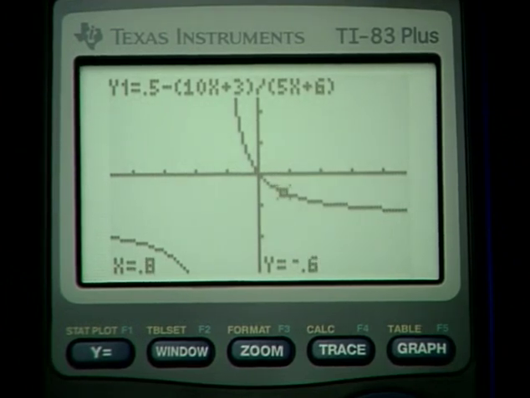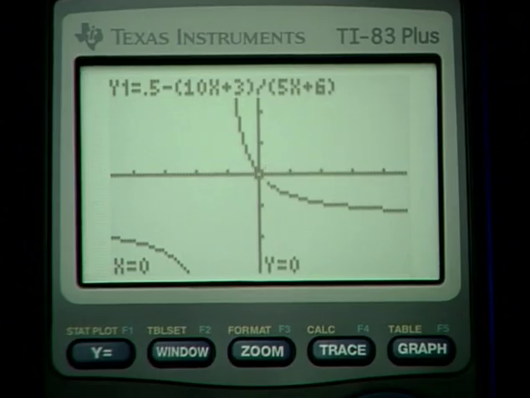Now, it happens that on this one, the x-intercept is right here at the origin. So the x-intercept is at x equals 0. It's a real easy one to find, but the concept is very important here, that to find the x-intercept, we cursor along the graph to the point where the y value is 0. And then once we find that point, we just read the x value.